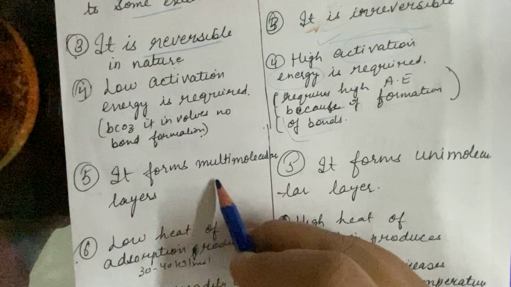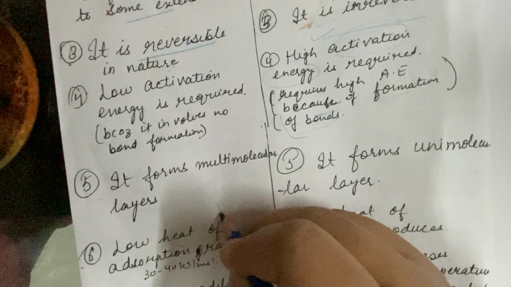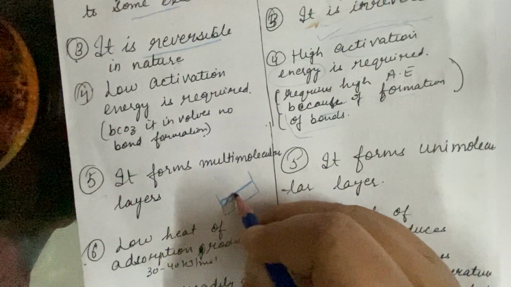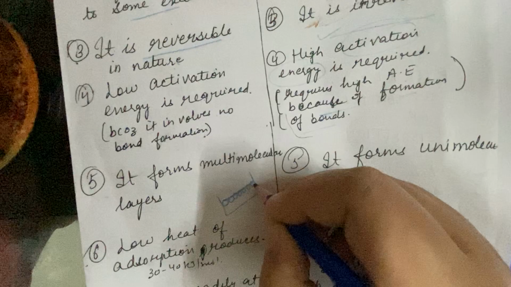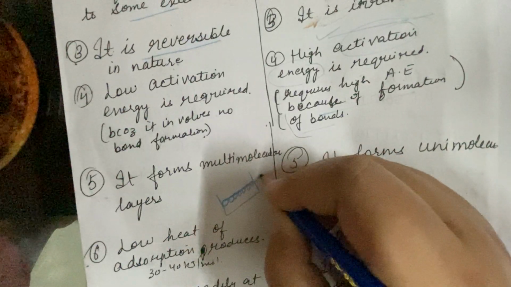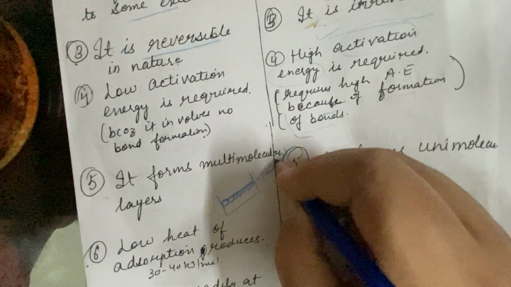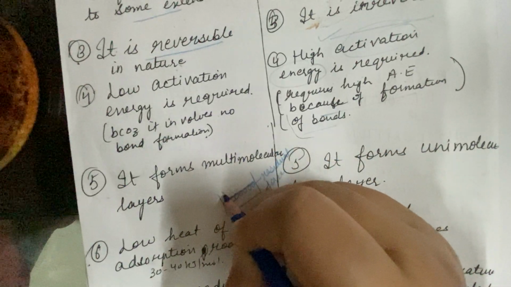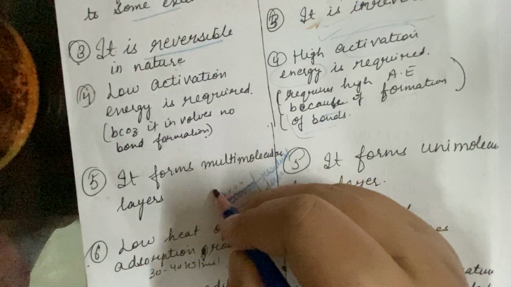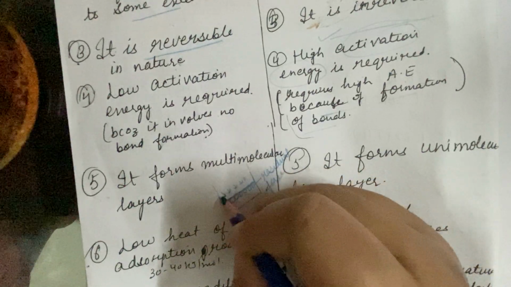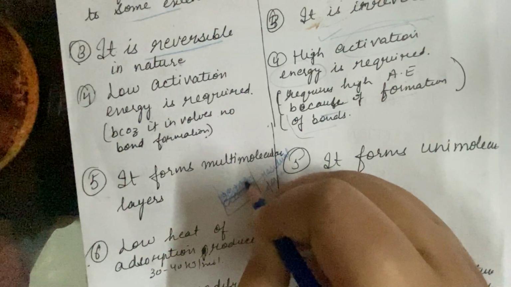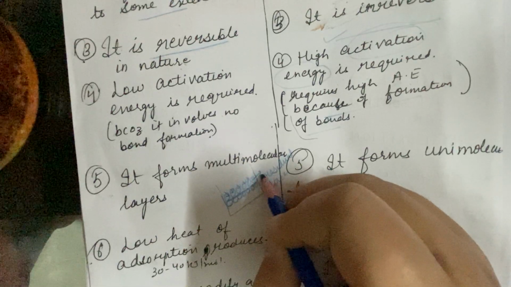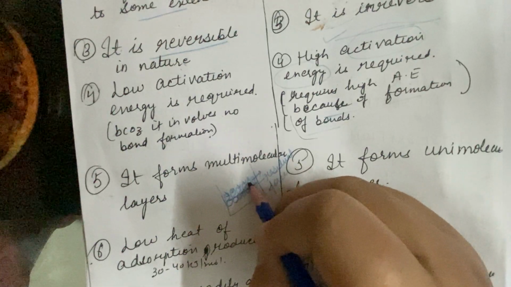Then it forms multimolecular layers. What happens? Now we know the surface molecules are under unbalanced forces, or we can say they have some residual forces. So to balance these residual forces, the surface molecules start attracting the molecules of the adsorbate which come in contact. In turn, these molecules get their own residual forces, and they start balancing themselves.